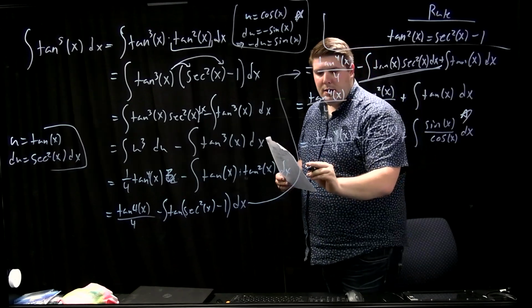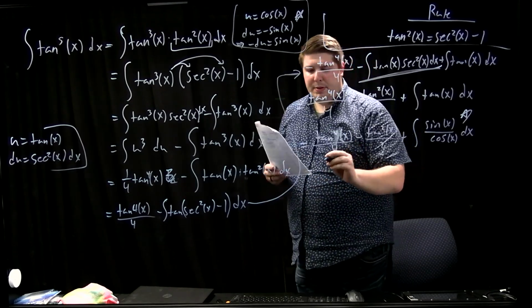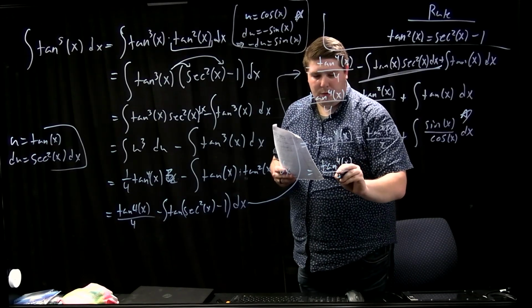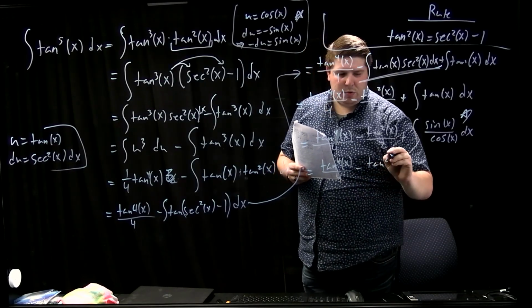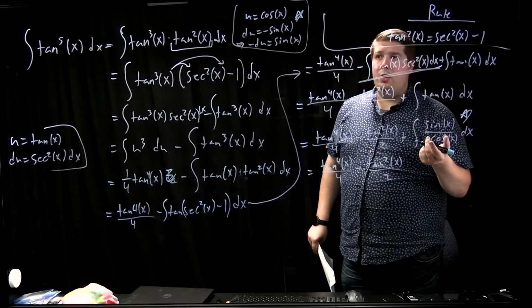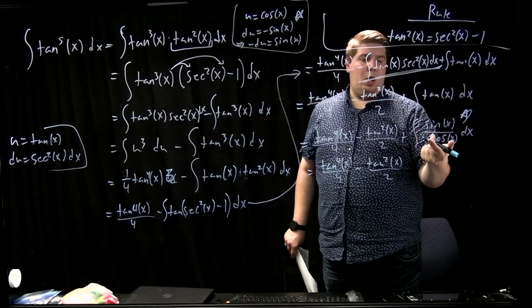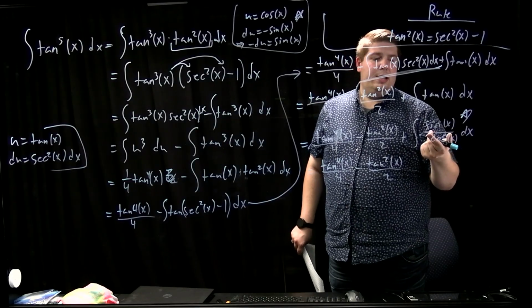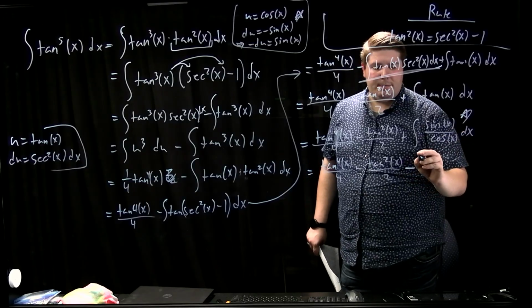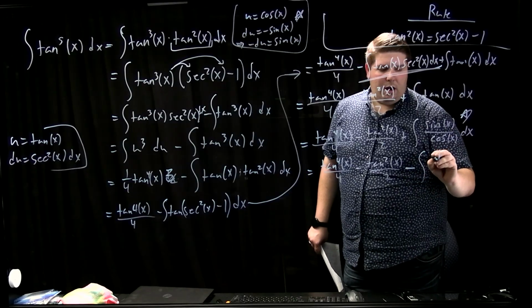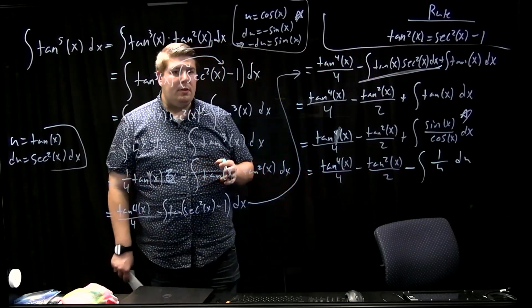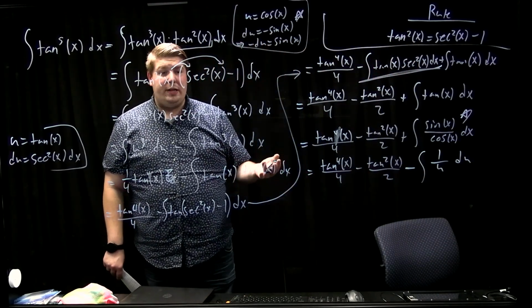Now, what happens there is I have tangent to the fourth of x over 4 minus tangent squared of x over 2. My u is my cosine, and my du is my sine dx, and it's negative du. So that's minus the integration of 1 over u du. What's the integration of 1 over u du?